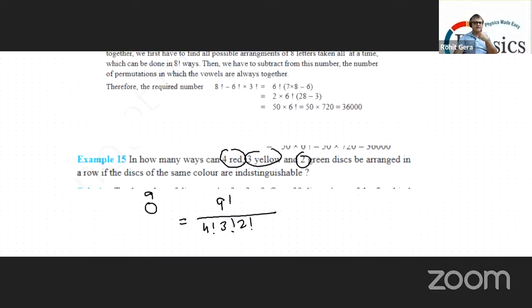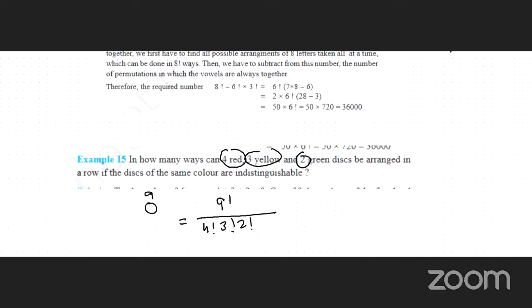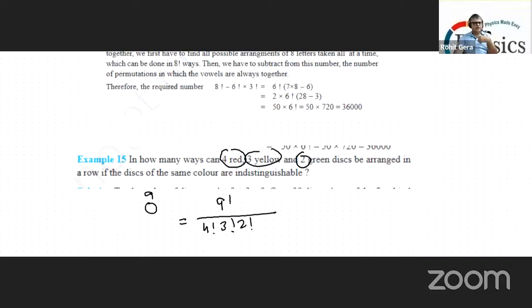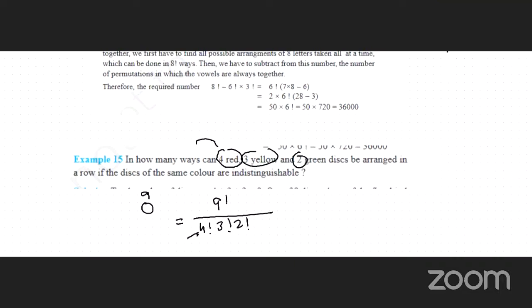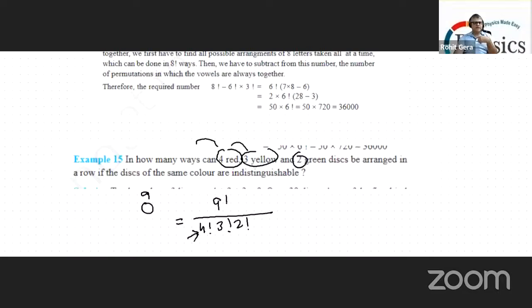They're getting repeated. Between the 2 I's in your name, we did not make any distinction, and we divided by 2 factorial. I did not distinguish between the red balls, so I've divided by 4 factorial. I did not distinguish between the 3 yellow, and therefore I've divided. It's clear that these are indistinguishable.